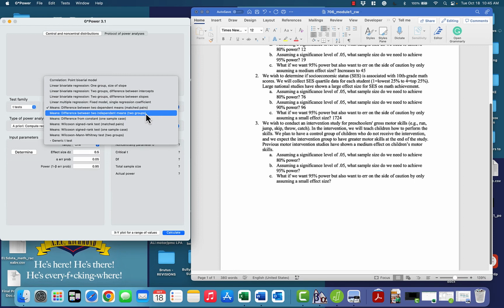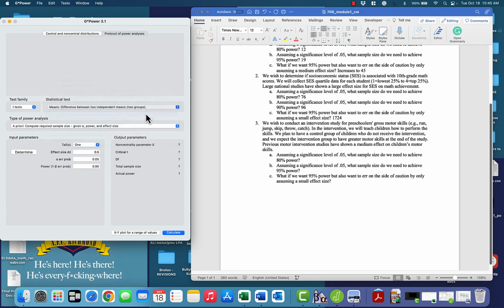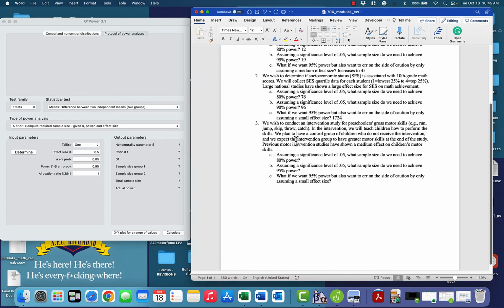The control group is independent from the intervention group. All right, we are looking at motor skills that are going to be greater in the intervention group. So here I'm going to highlight, we expect the intervention group to have greater motor skills at the end of the study. So this is a one-tailed test.